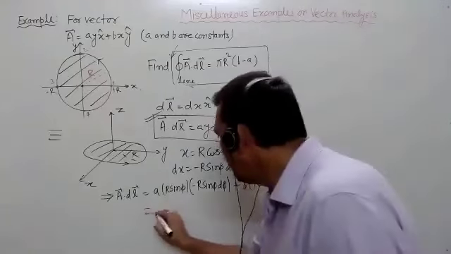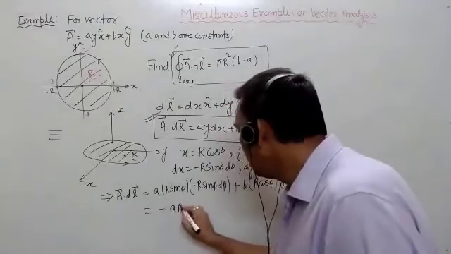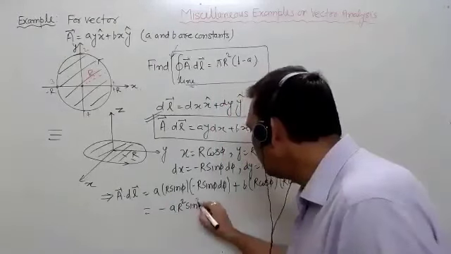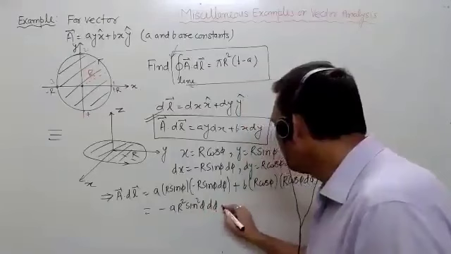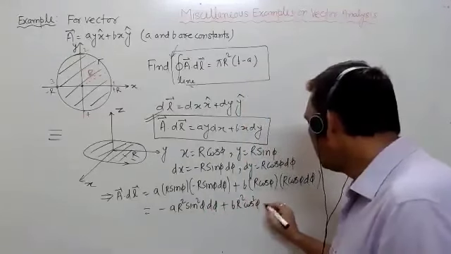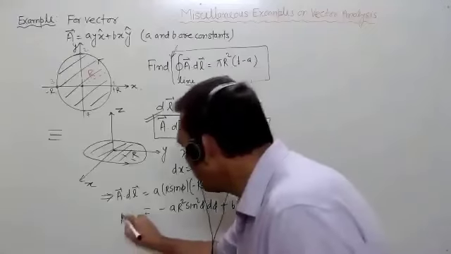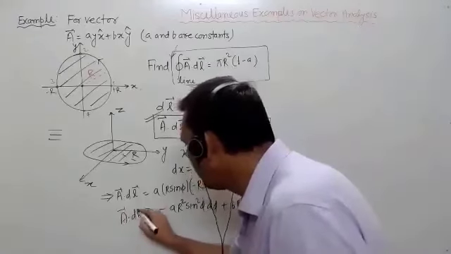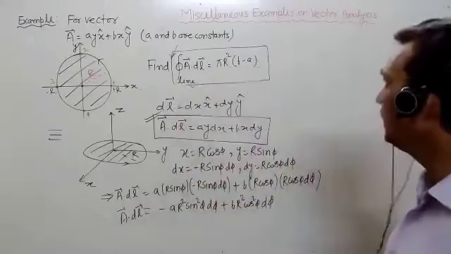So this will be minus a r square sin square phi d phi plus b r square cos square phi d phi. So you have easily converted this into A dot dl in cylindrical coordinate.